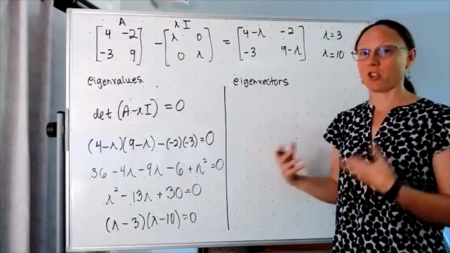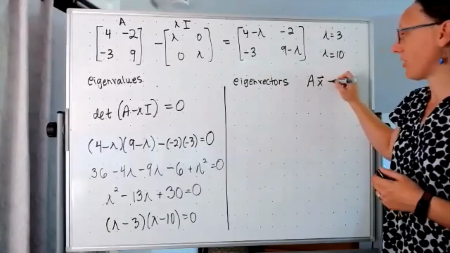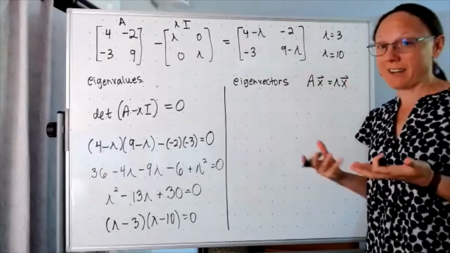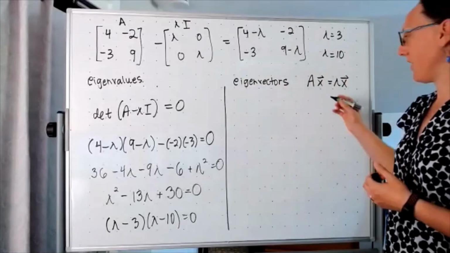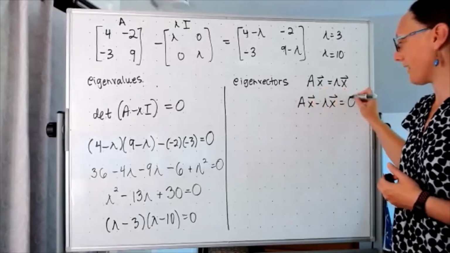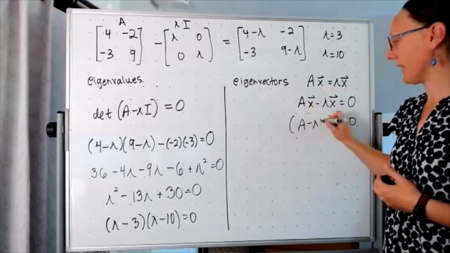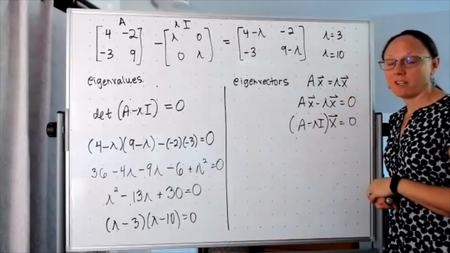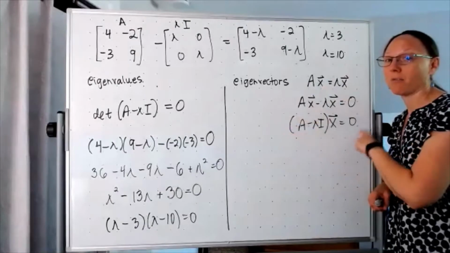Technically, the eigenvectors are coming from thinking about this equation that looks like A times the vector X is equivalent to lambda times the vector X. But practically, what we often do is to move everything to one side of the equation so that I would have AX minus lambda X is equal to 0, factor the X out, and be left with A minus lambda I. You don't have to show these steps. When we're finding the eigenvectors, we can move straight into this bottom formula.